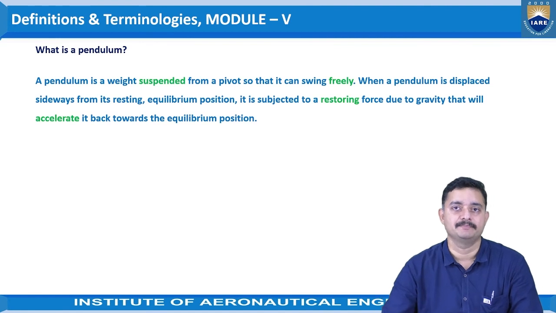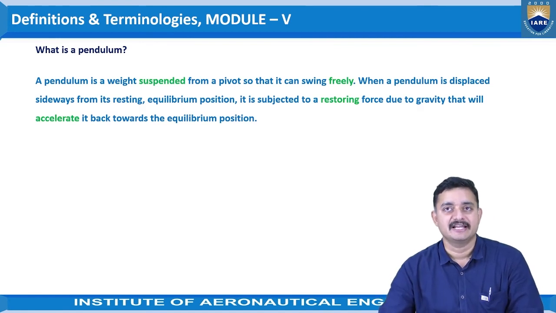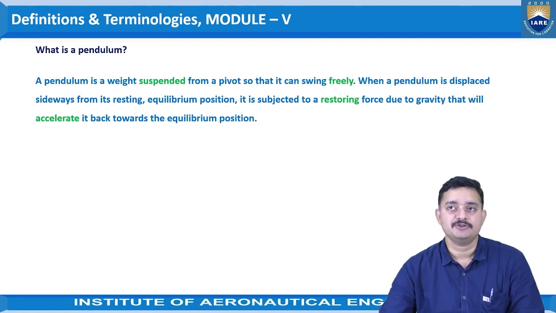What is a pendulum? The definition is given like this. A pendulum is a weight suspended from a pivot so that it can swing freely. When a pendulum is displaced sideways from its resting equilibrium position, it is subjected to a restoring force due to gravity that will accelerate it back towards the equilibrium position.